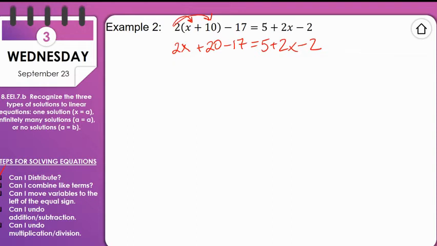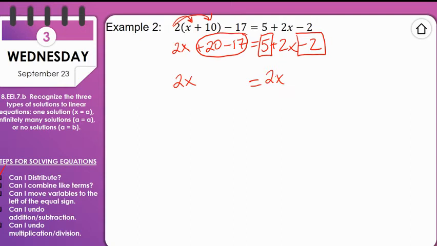Can I combine like terms? So I look to both sides of my equal sign. Here, I have positive 20, negative 17. Here, I have positive 5 and negative 2. Bring down my 2x.